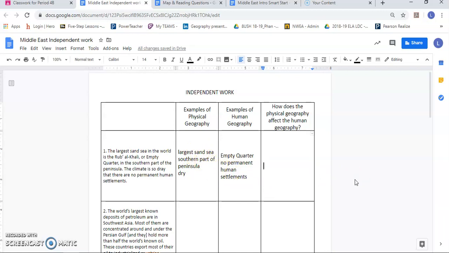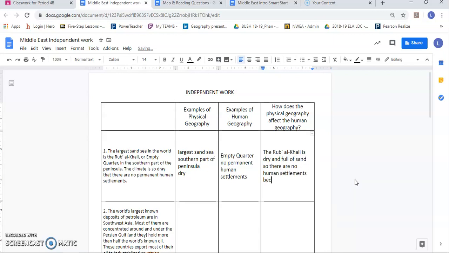So, the Rub al Khali is dry and full of sand. So there are no human settlements.